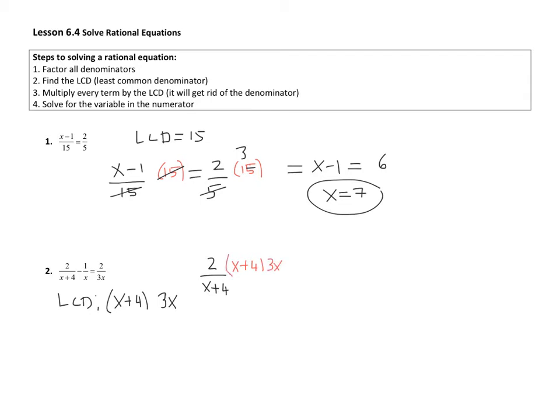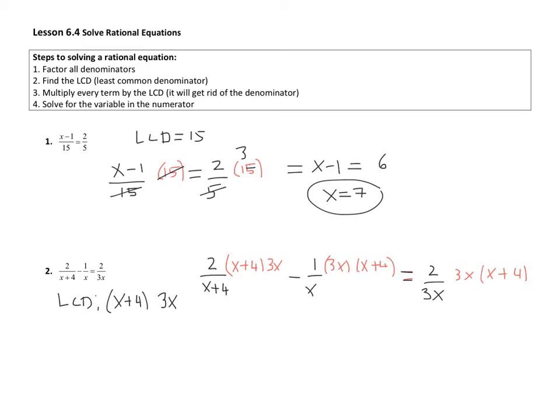And remember, the goal is to get rid of the denominator. Then minus 1 over x, and the LCD is 3x and x plus 4, equal to 2 over 3x. I multiply by the LCD, which is 3x and x plus 4.